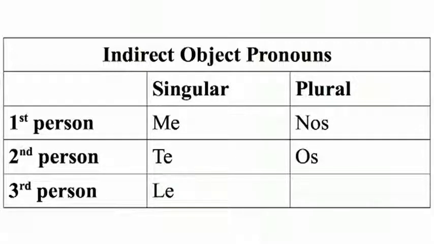Le for third person singular, meaning to or for him, to or for her, or to or for it. A él, a ella, or a, and then any noun. And then les for third person plural, meaning to or for you plural, or to or for them. A o para ellos, a o para ellas, or a o para, then any plural noun.